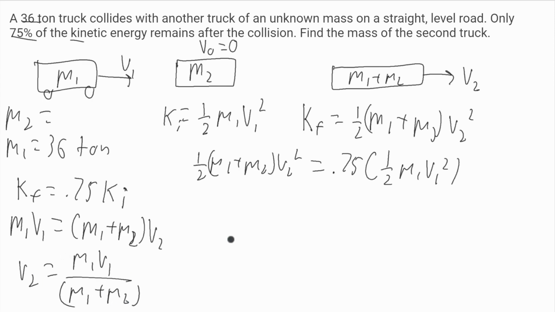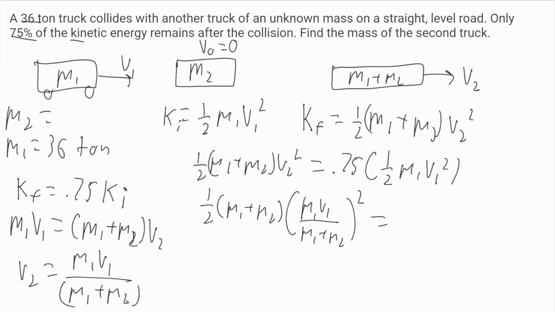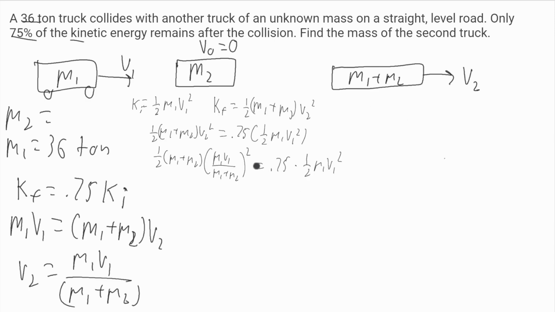Now I'm going to plug v2 into here. I'll get 1 half m1 plus m2 times m1 v1 over m1 plus m2 squared is equal to 0.75 times 1 half m1 v1 squared. Now I'm going to make myself some room. I'm going to square both of these terms in the numerator as well as these two terms in the bottom together.